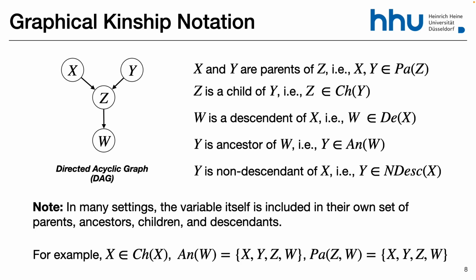So for example, parents of Z and W are the parents of Z union with the parents of W, right? Ancestors of W are all the ancestors of W; there's only one here. So parents of Z and W includes Z and W, see? That's the way that you do it. If the argument is a set, you just take the union.